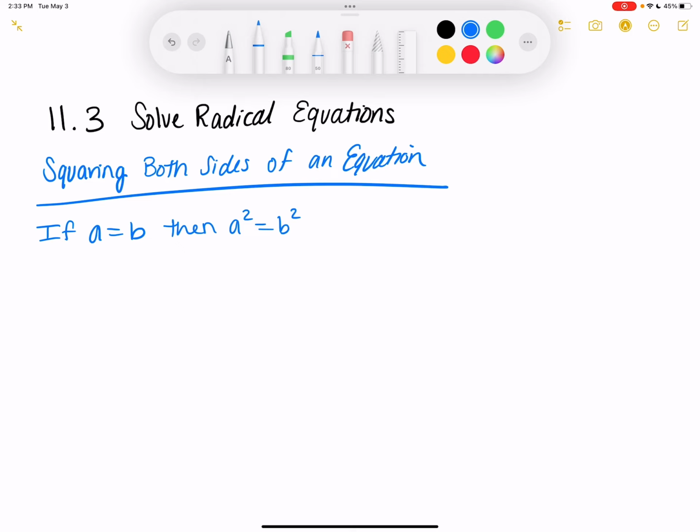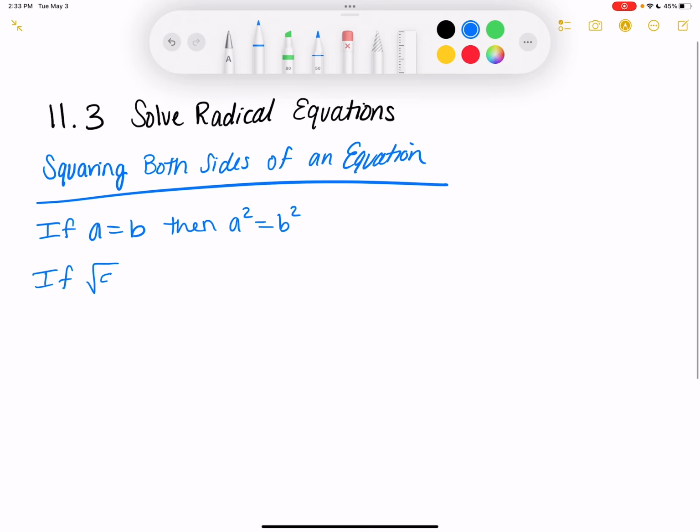This is what we're doing. So if the square root of x is equal to 5, then x is equal to 5 squared. Because remember, if you square a square root, it goes away. So that's what gives you the left side, and then whatever you do to one side, you have to do to the other, so you'd also square it, so it would be equal to 5 squared, which is 25.